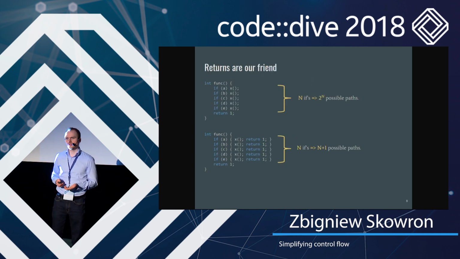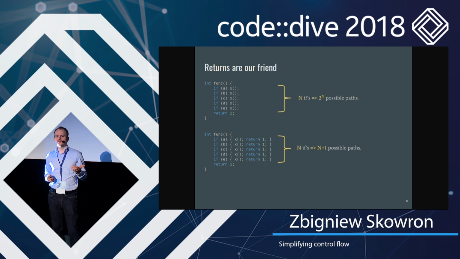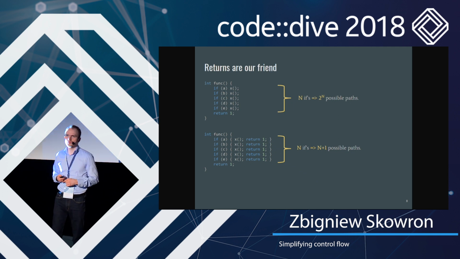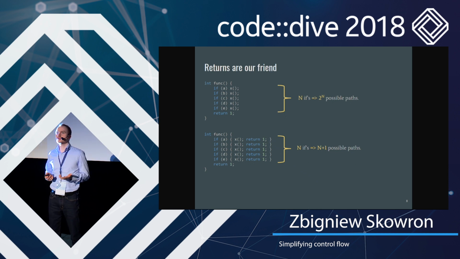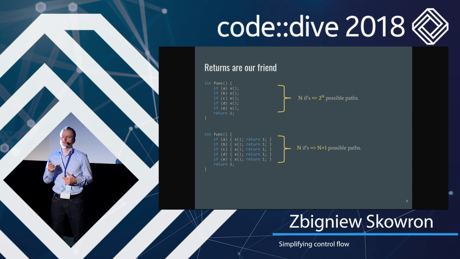In this example here, we have some number of if statements. And we see that the total number of possible paths through this first function is exponential with the number of ifs we have. So it is still possible to reason about this code and say whether it's correct or not, but it's difficult.